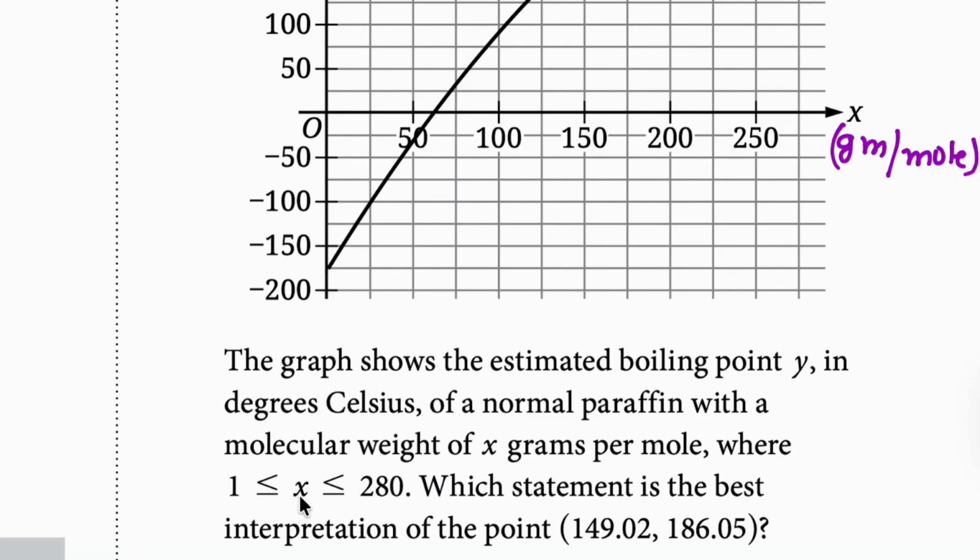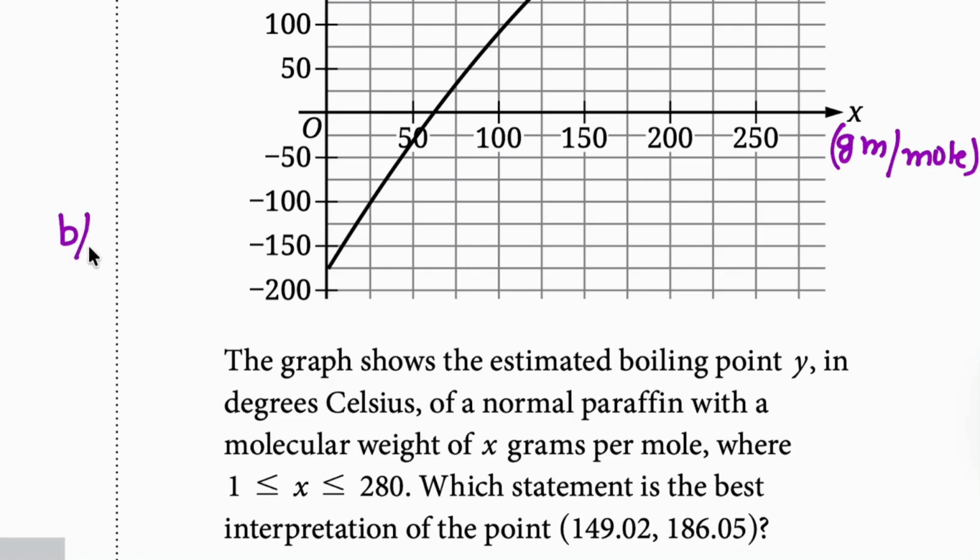Where x lies between 1 to 280. Now when I am saying x lies between 1 to 280, I am making a mistake, because of this equal to sign, I should say x is from 1 to 280. So you see, sometimes very small words make a question right or wrong.